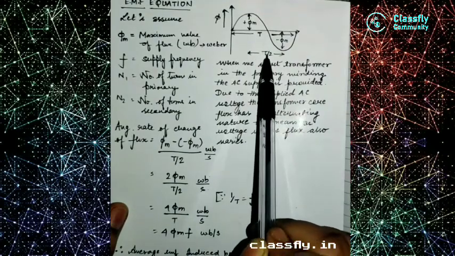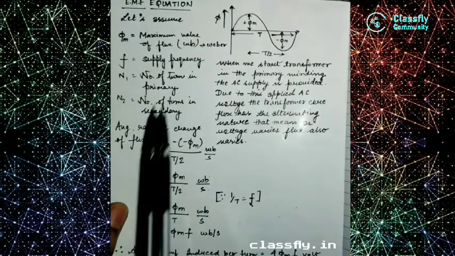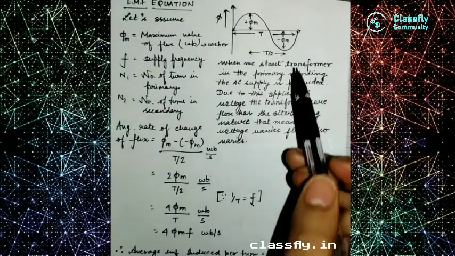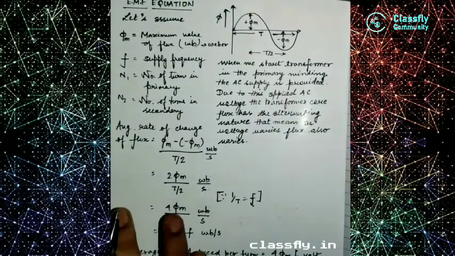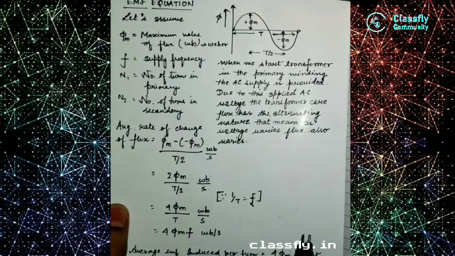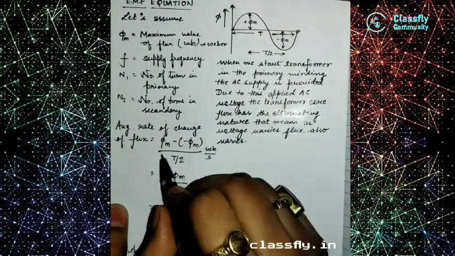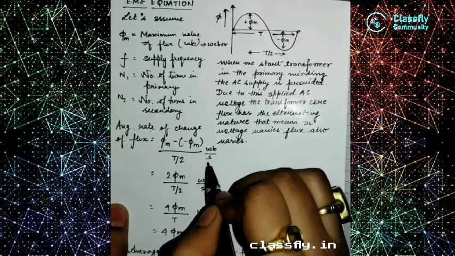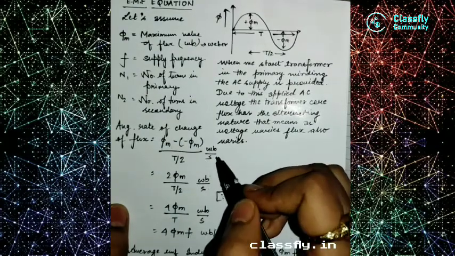It is taking T/2 time, right? So we write phi m minus minus phi m. As it is the rate of change, there will be a minus in between, and as it takes T/2 time, it is divided by T/2. The flux unit is Weber, WB, and second is the time unit.